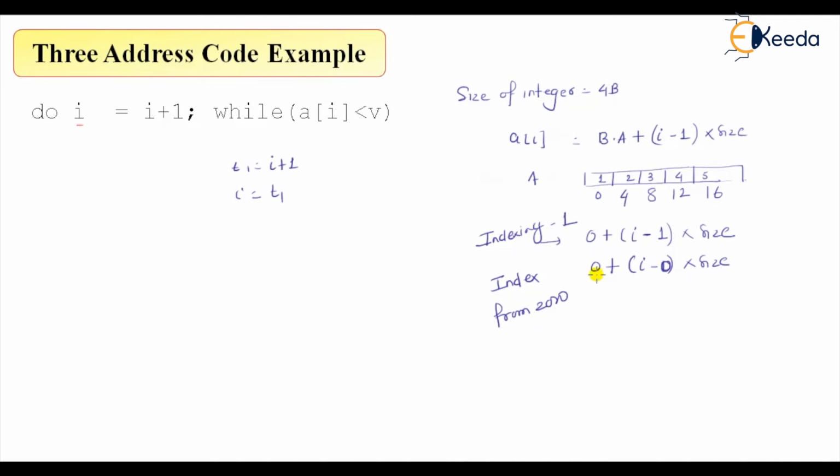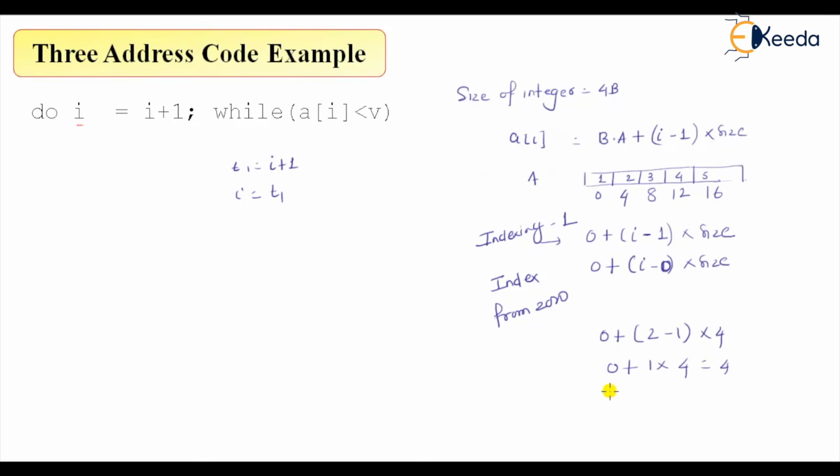If I want to access the second element with indexing from 1, it becomes 0 plus 2 minus 1 into 4, which is 0 plus 1 into 4, so the answer is 4.